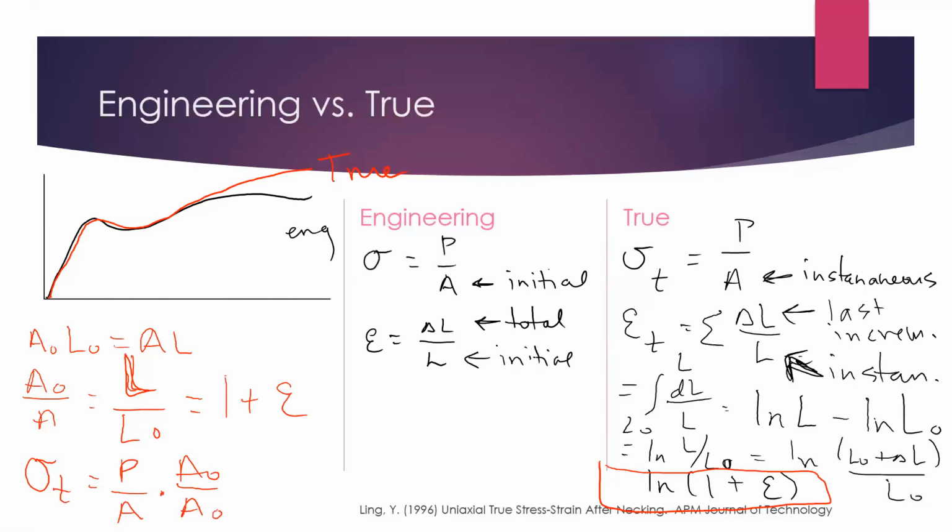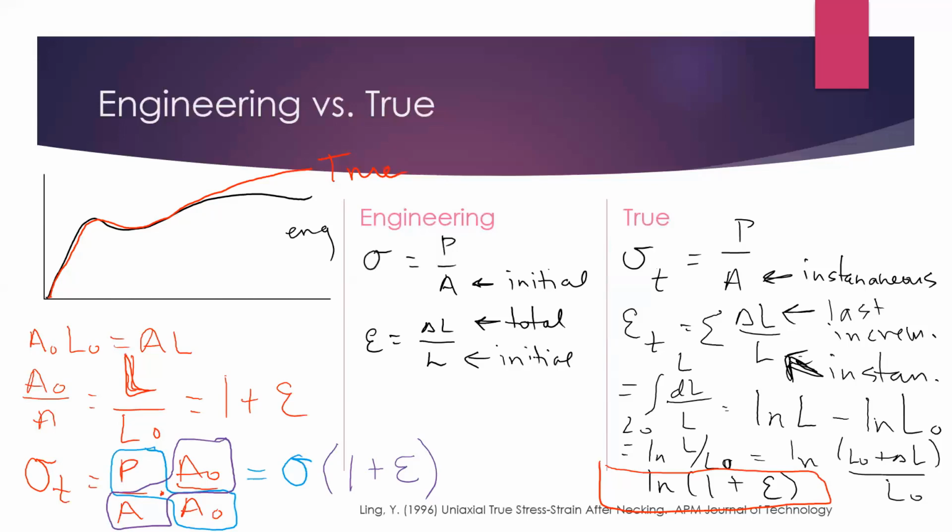But doing so gives me P over A naught, which is equal to what? Sigma, that's my engineering stress. And it also gives me A naught over A, which I just said was equal to 1 plus the strain. So my true stress is equal to my engineering stress times 1 plus the strain.